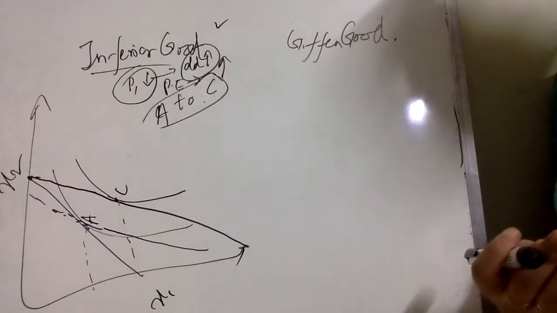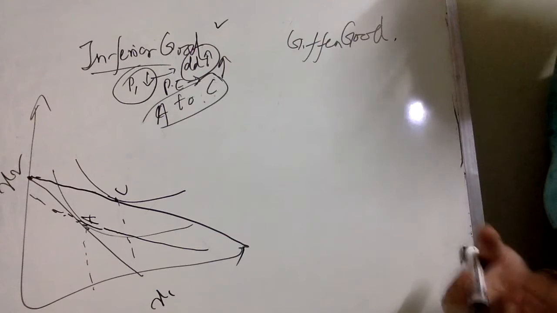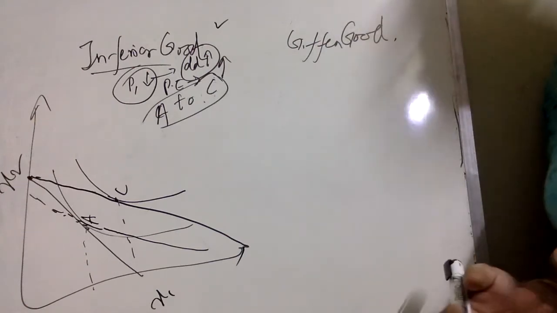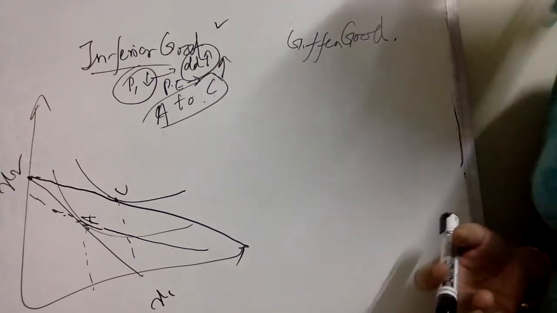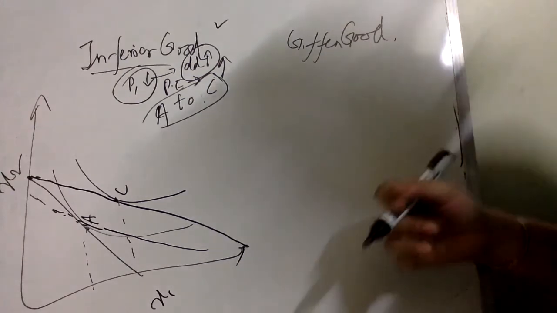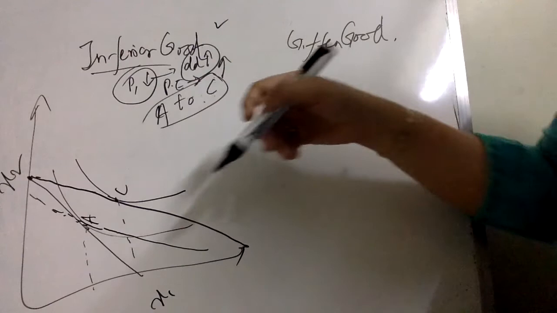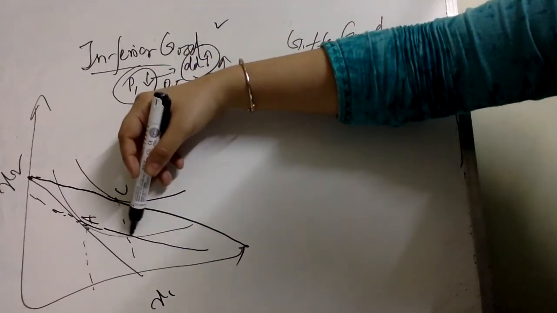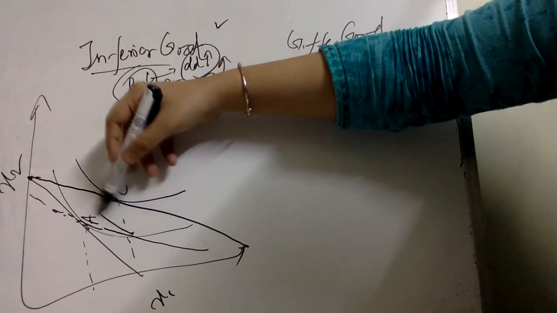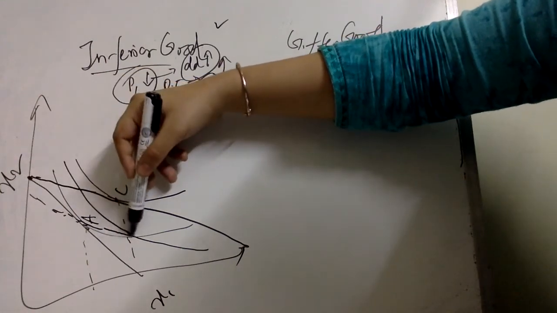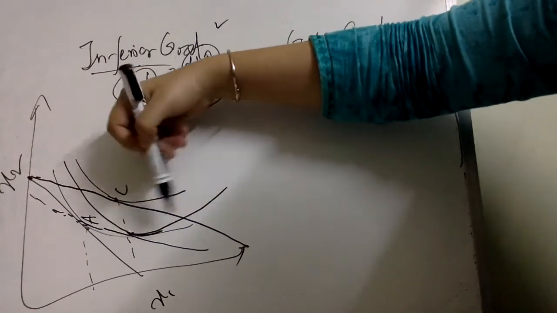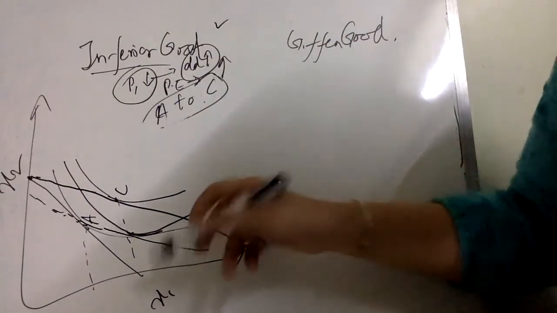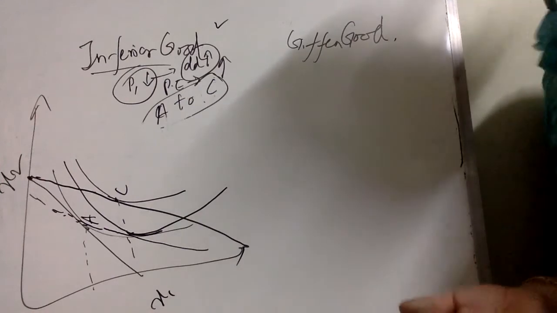As the price rises, usually the demand will fall because it's inferior in nature, so people would move toward more superior goods. So because of the substitution effect, the consumer will substitute away the demand toward. So substitution effect definitely will be positive, which means that as the price is falling, the demand will rise because it's a normal substitution effect that is happening.